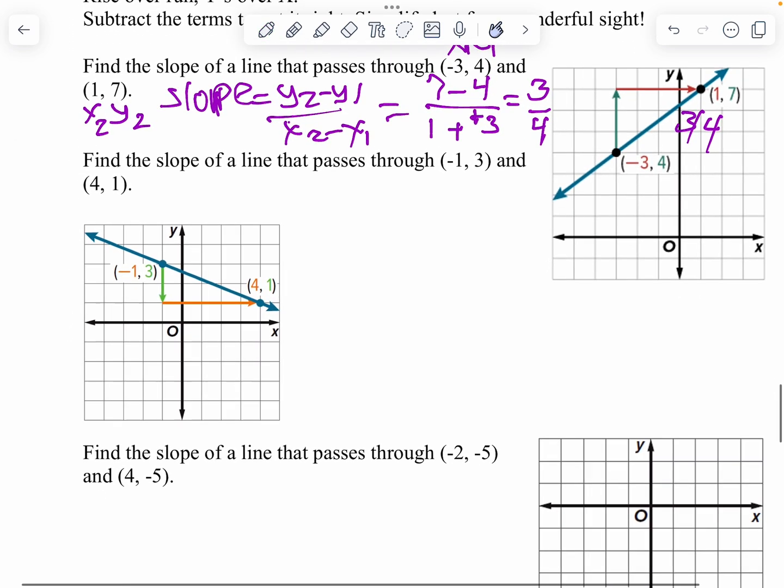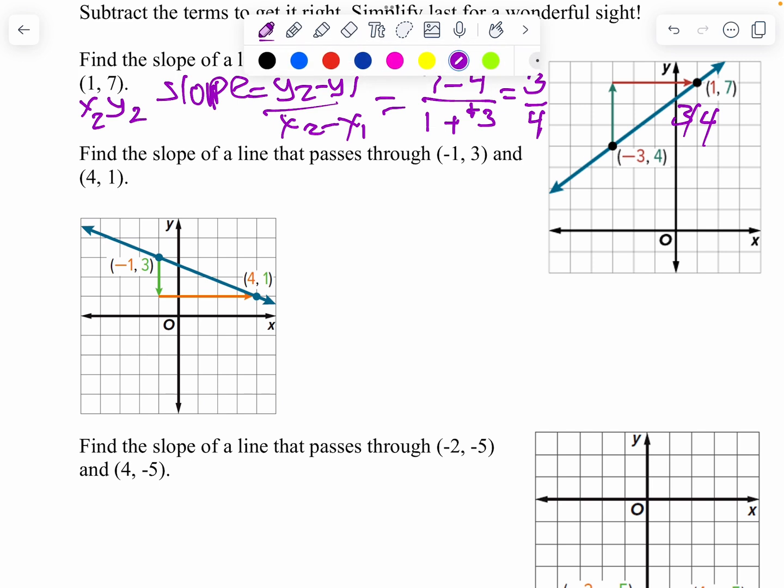Now, if we take a look at the next one, I'll write down my formula here so we get it memorized. So m is y2 minus y1 over x2 minus x1. I probably should have changed pen colors to make them a little less confusing.